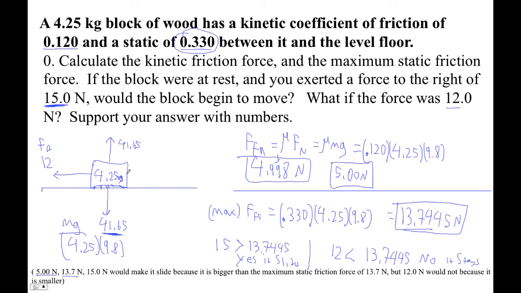But it couldn't be 13.7 to the right, because if it were, it'd be bigger than that force, and it would actually accelerate to the right. So it can't be that. It must be that this force just keeps it from moving. So if I exert 12 to the left, the static friction force would be 12 to the right.